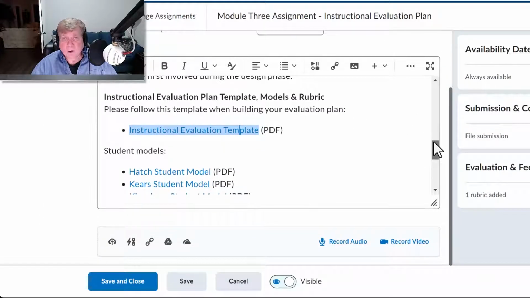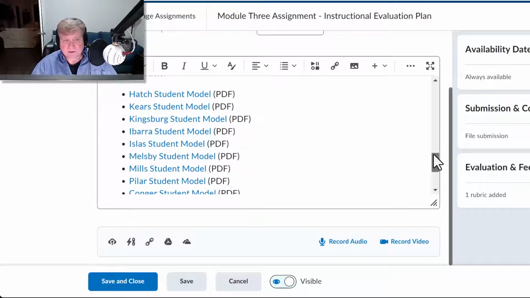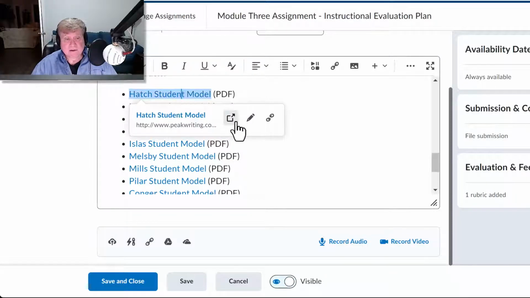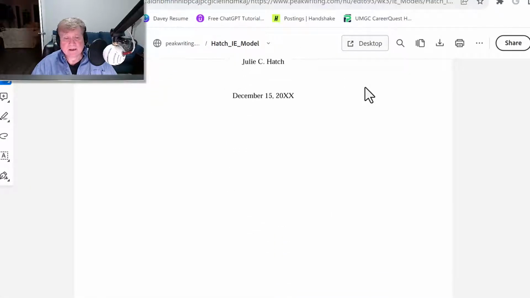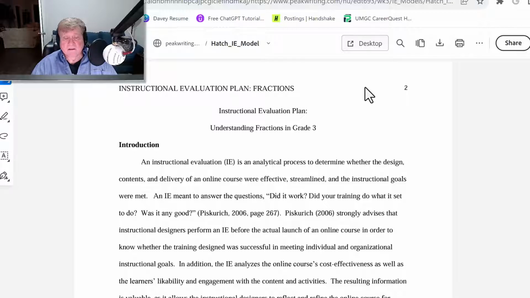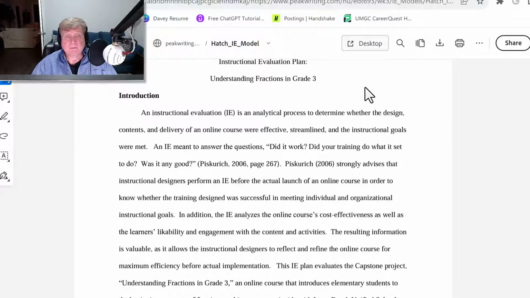We have a whole host of model IE plans. You'll see that there are some differences, but mostly there are a lot of similarities. Here's Julie Hatch. It has the usual APA title page. Then in the body, you begin with an introduction.